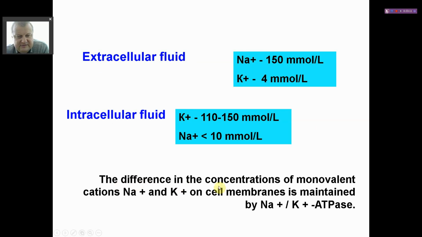And the difference in the concentration of monovalent cations, sodium and potassium, on the cell membrane is maintained by a special enzyme, a special pump, sodium-potassium ATPase. This concentration is maintained by this enzyme.